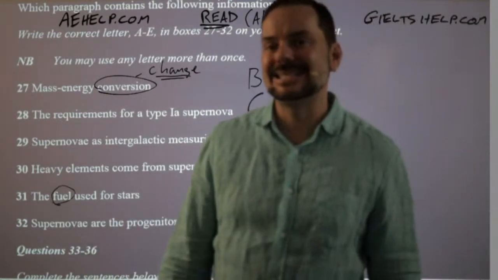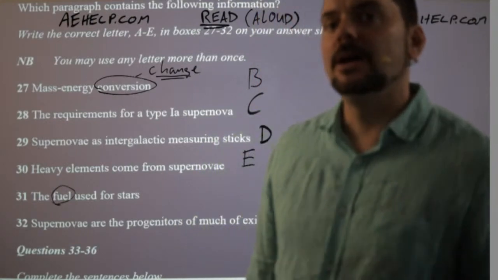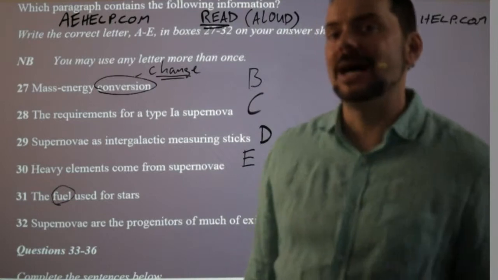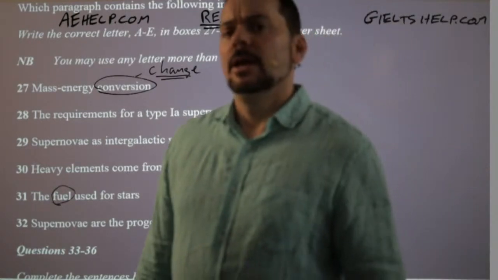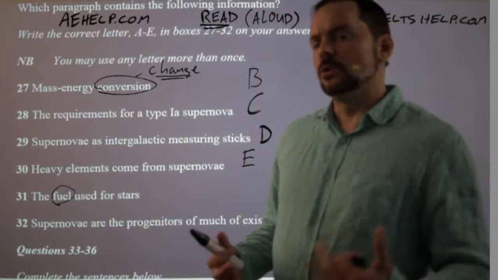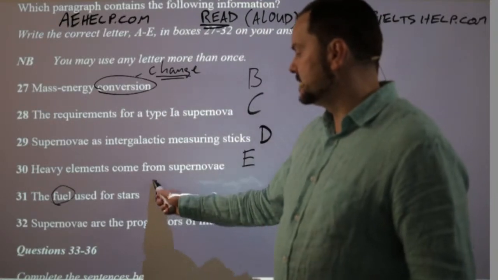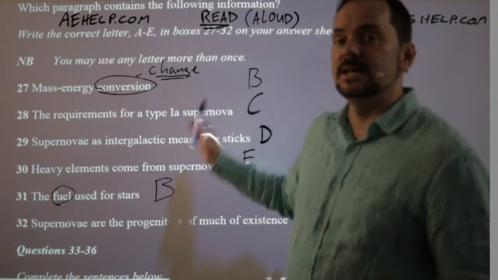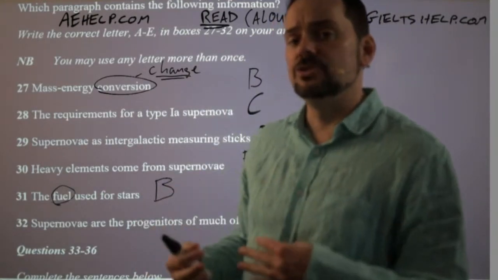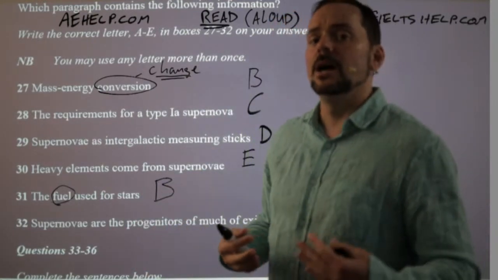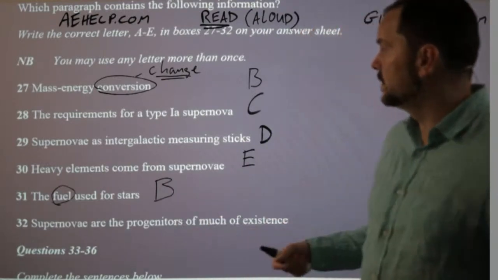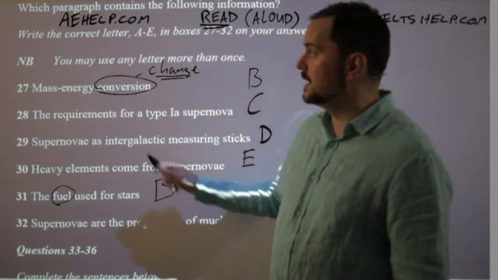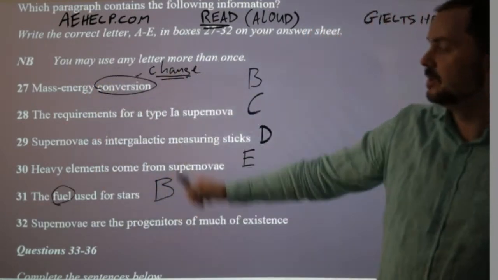Sammy says C. David says for 31, it's going to be the paragraph that talks about hydrogen. And that one is B, right? So Preeti remembers that that's B. That's the same as the mass energy conversion, right? Because that's the one that's talking about how hydrogen is converted into helium, okay? So B, C, D, E, and B. And you can do that again because it says any letter more than once, okay?